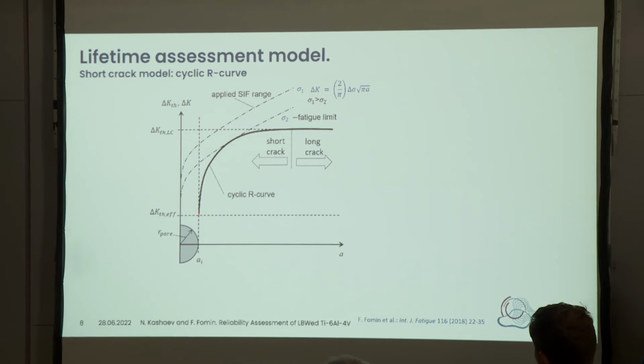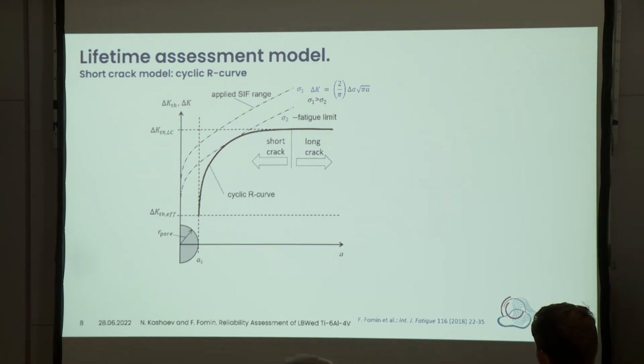First we start with a lower value, and if the crack is large enough, we are nearing the threshold of long cracks. The issue is, if we are inside the curve, the crack driving force is less than the threshold, and the crack will be arrested and will not propagate. If we are in this area, the driving force is large with regard to the stress intensity factor, and the crack will propagate.